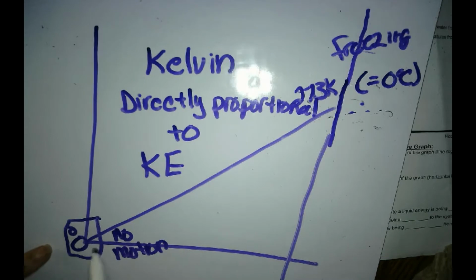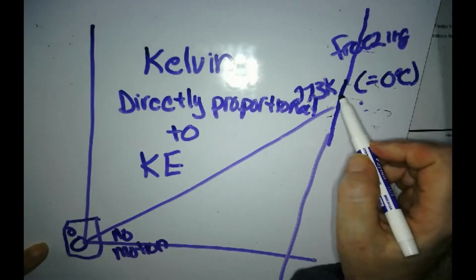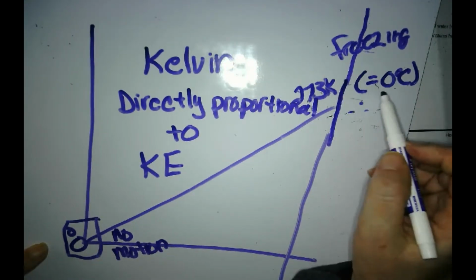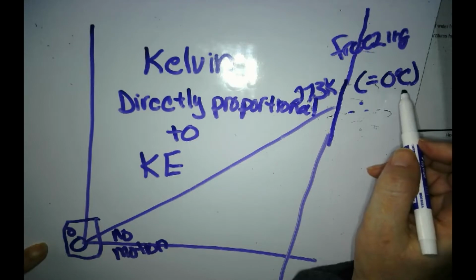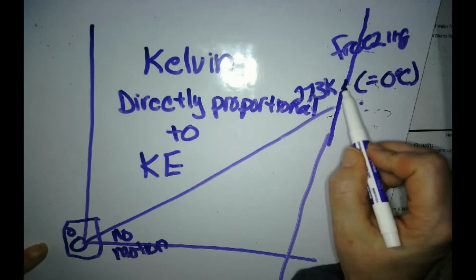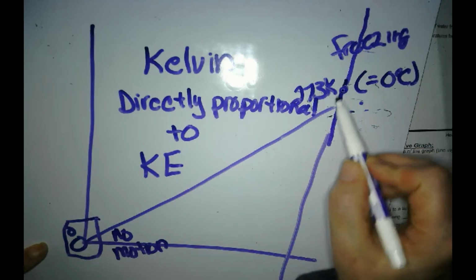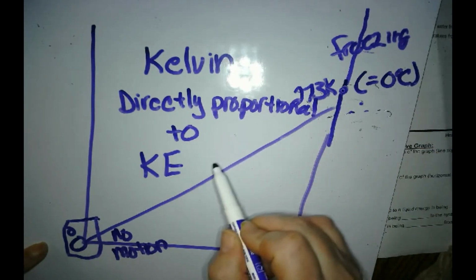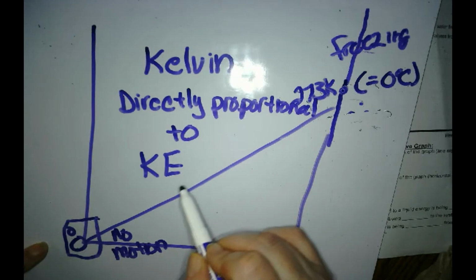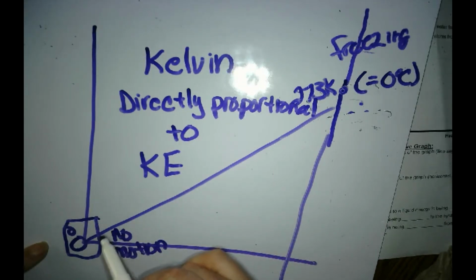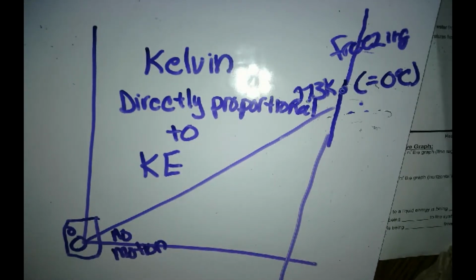Okay, where does water freeze? 273 Kelvin is equal to 0 degrees C. So here is our freezing temperature, but we know in a solid there's still vibrational motion. So if I cool it all the way down, which would be negative in Celsius, all the way down to 0 Kelvin, we now have no motion. So that's what it means when they say Kelvin's directly proportional to kinetic energy. It's directly proportional to movement.